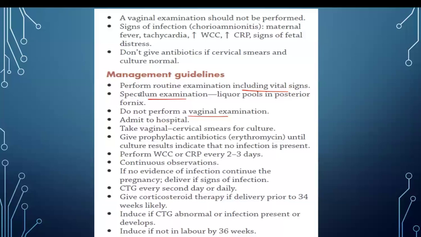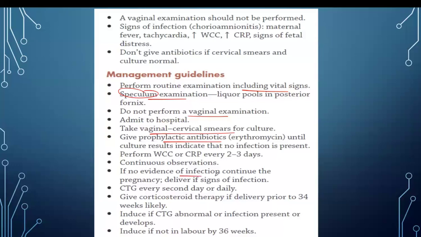So what would we do during a speculum exam? Take a swab for culture, and start the patient on prophylactic antibiotic. Commonly the antibiotic is erythromycin. And you continue the observation.